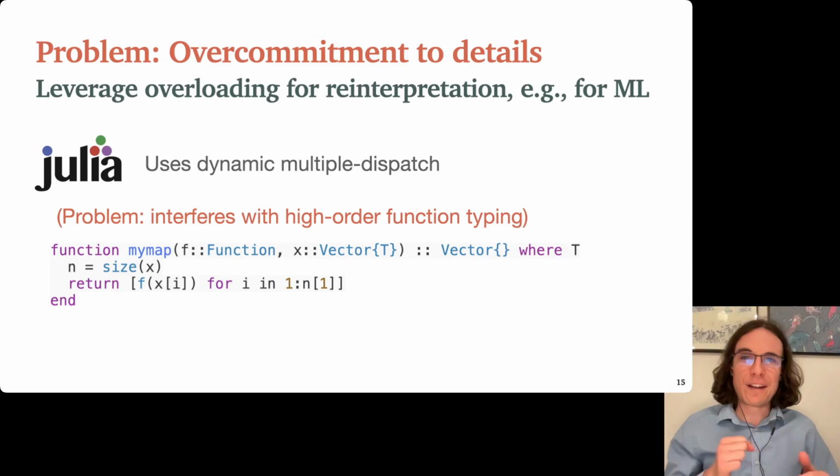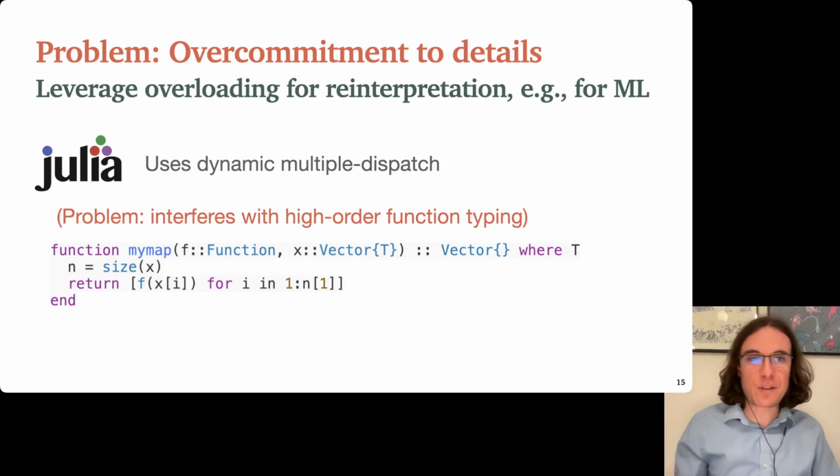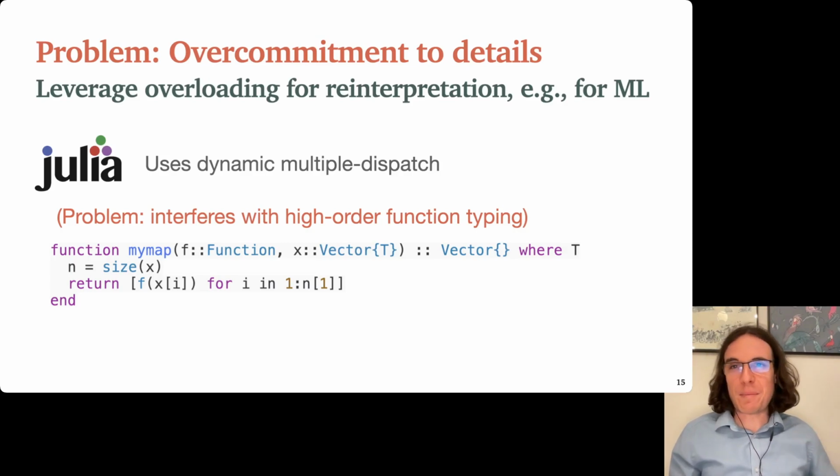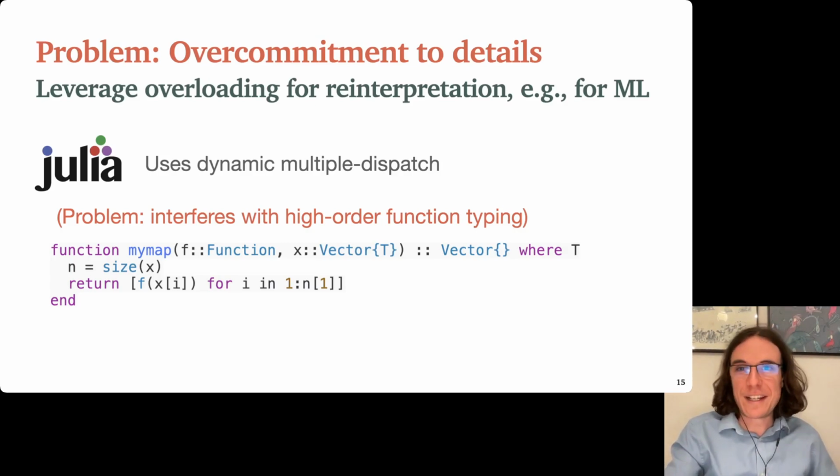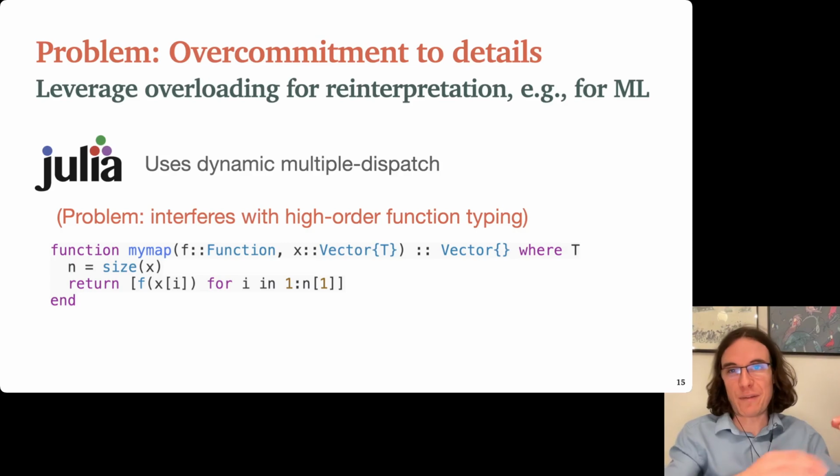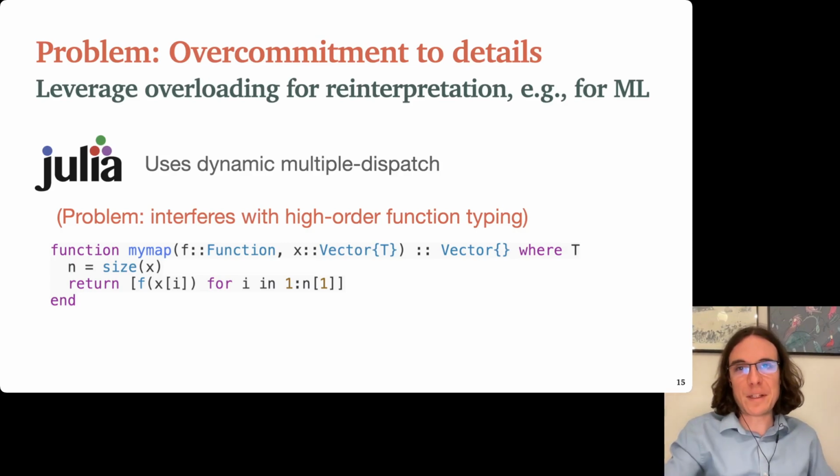So if you're trying to bring higher order combinator patterns to Julia and do, for example, the map function over vectors or lists, you can't actually describe its type in the way that we would in a functional language like OCaml or Haskell or F#, or even in Java or even in Python with the MyPy typing, because we can't describe a function that takes a function as an input. We can't parameterize over its type and say, oh, it's a function from some A to some B. Instead, we have to write something that's kind of lost some of that detail.